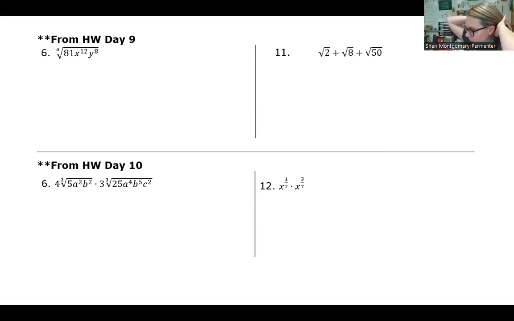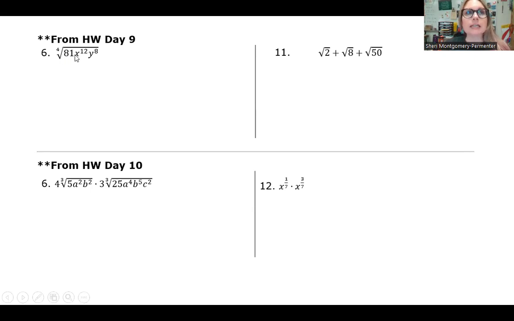Homework day 9, we learned how to rewrite with the exponent in mind, the index in mind. So for question number 6, the index is 4. So we want to rewrite everything that we see with an exponent of 4.